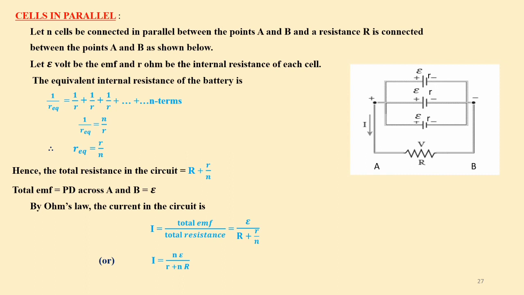Hence, the total resistance in the circuit is equal to capital R plus small r by n.